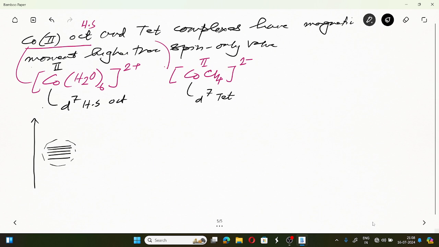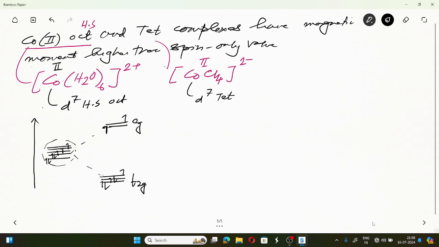দেখো এই splitting diagram বলছো, দেখো octahedral complex এ t2g eg, so d7, so it's like this.